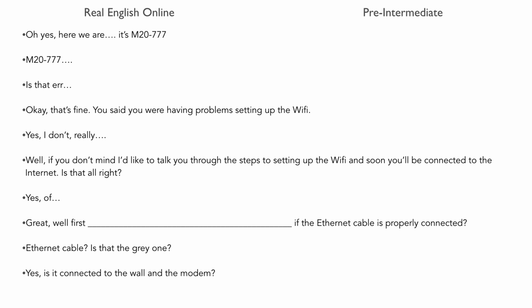You said you were having problems setting up the Wi-Fi? Yes, I don't really... Well, if you don't mind, I'd like to talk you through the steps to setting up the Wi-Fi, and soon you'll be connected to the internet. Is that all right? Yes, yeah. Great. Well, first, could you check if the Ethernet cable is properly connected? Ethernet cable, is that the grey one? Yes. Is it connected to the wall and the modem?